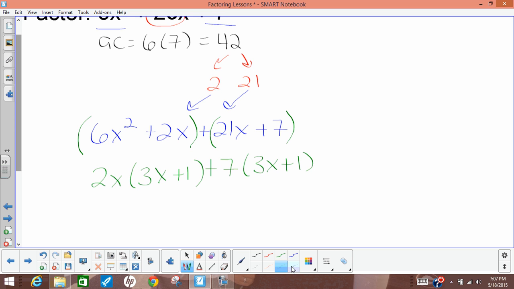And after you do that step, if you didn't notice in the first one, I should get, in parentheses, the same thing when I do both factorings, both greatest common factors. Now, in both of these terms, I can factor out the 3x plus 1. And what I have left is 2x plus 7.